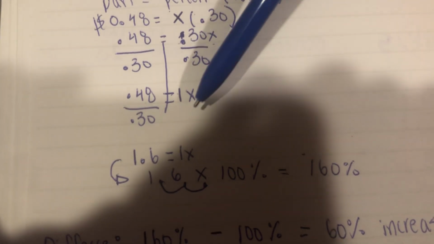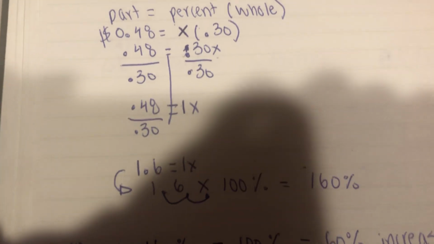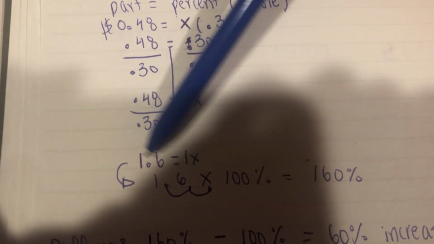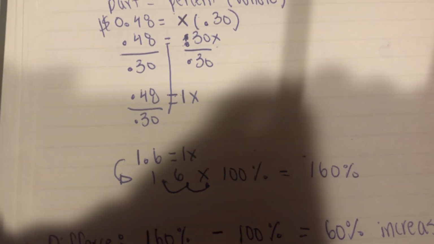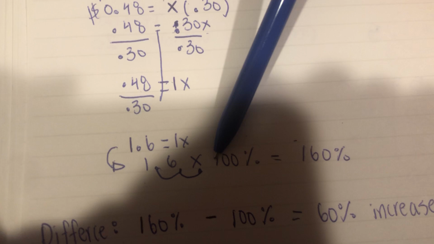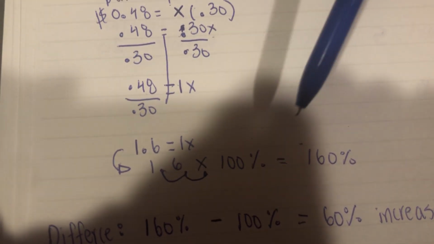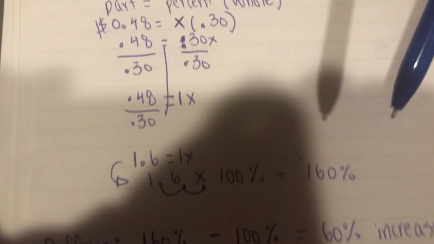Now remember, 1.6 is a decimal. I need to turn it into a percent because that's what we're trying to find. So 1.6 as a percent would be 160% because we're multiplying it by 100, which means the decimal will be moving twice to the right because it's getting bigger.